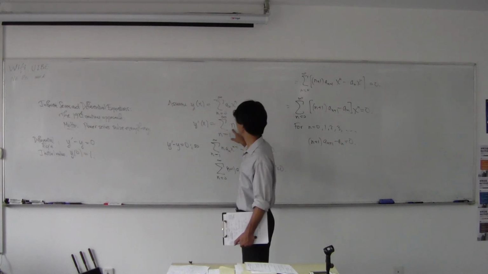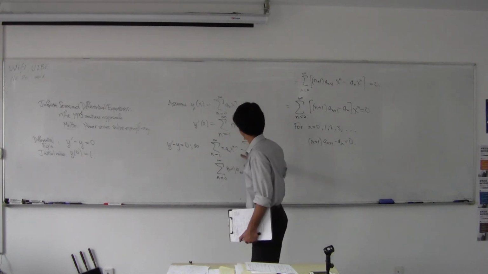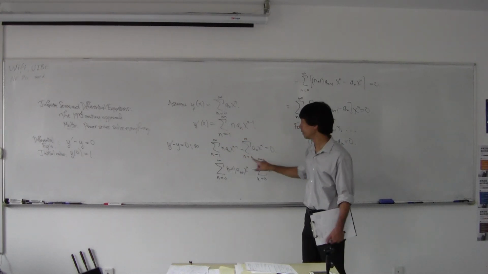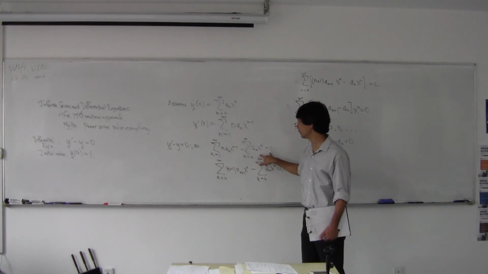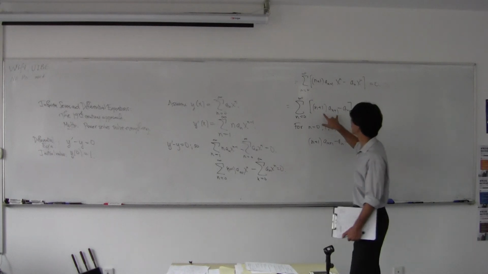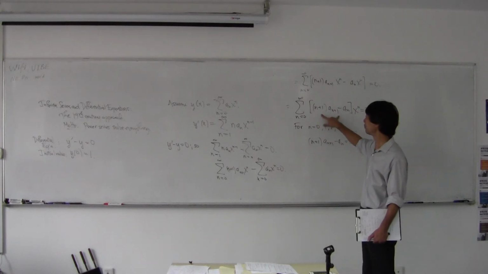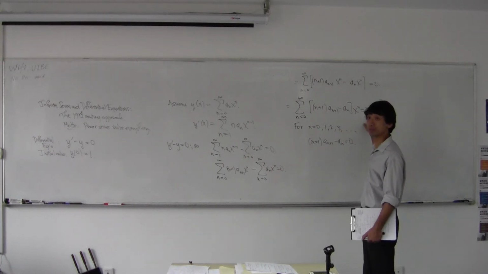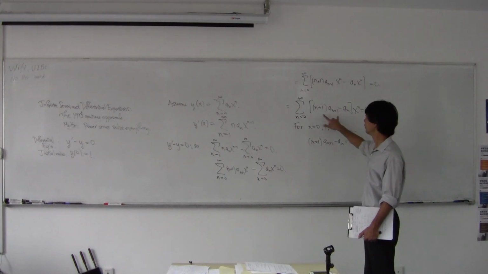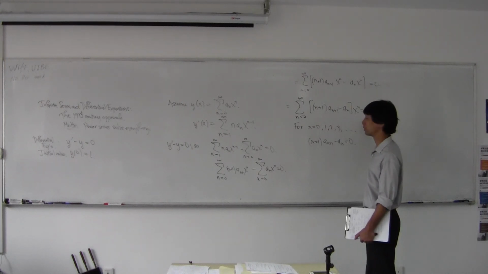Y prime is this. Y prime minus y is 0. We write it down, and then we mess around a little bit, and this is what it says.